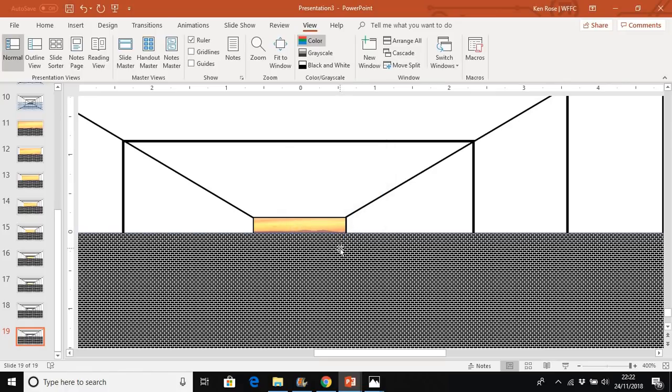But if it did, I could make the picture smaller and smaller and smaller, but still the same percentage of the picture would be above the wall.